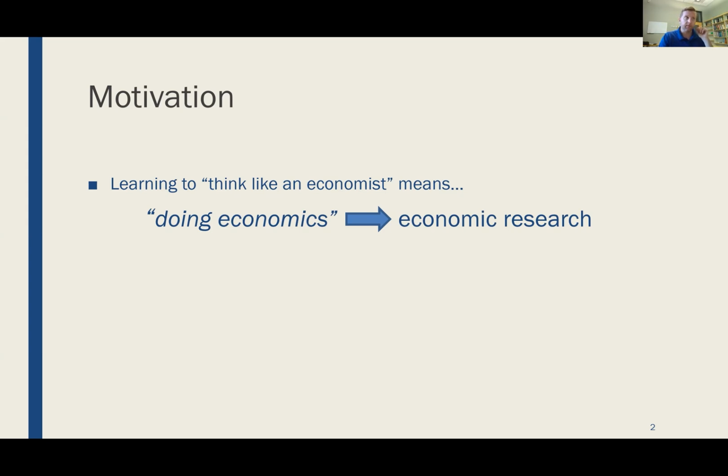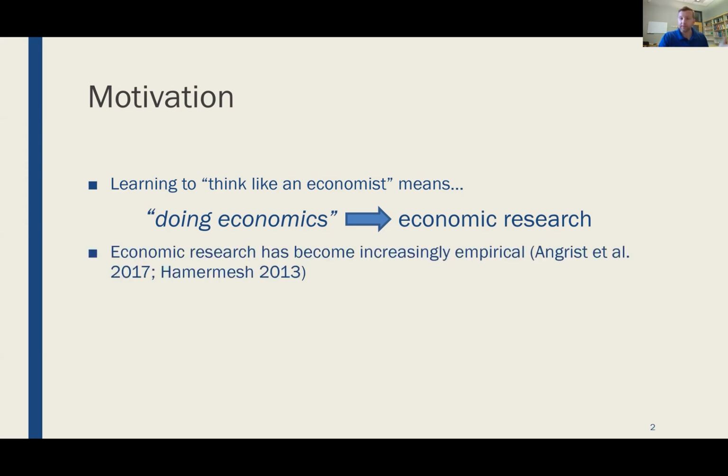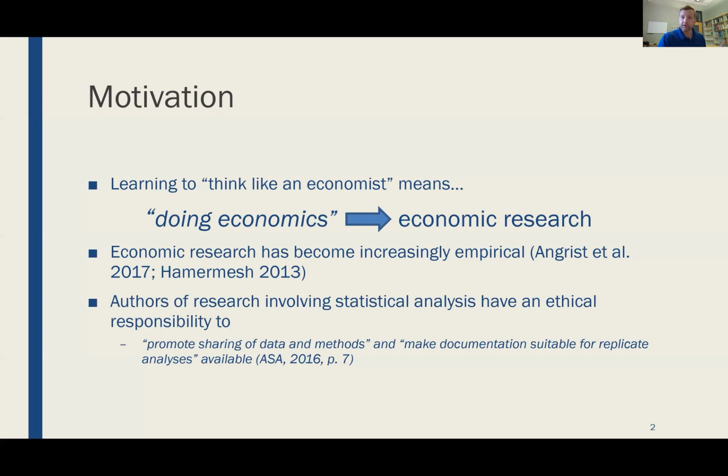So we know that economic research itself has become increasingly empirical, and that when you're doing empirical research, the American Statistical Association says that you have an ethical responsibility to promote the sharing of data and methods and make this documentation for replication available.